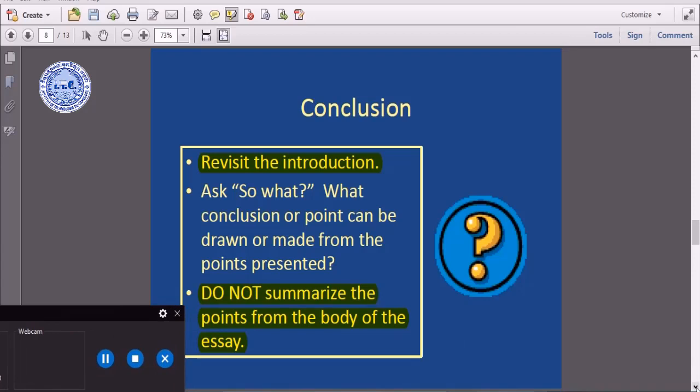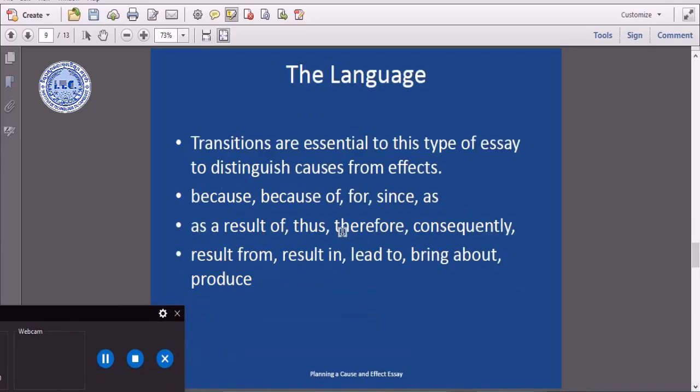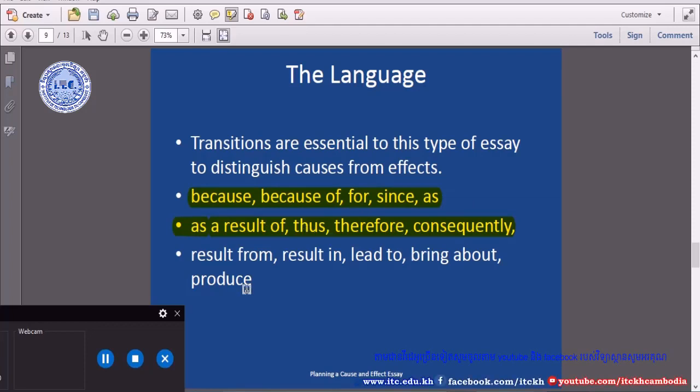Good. Next, language. I guess you expose yourself to many language uses and transitions. Here is another transition, or it's not another transition, but somehow it's the same transitions, right? Transitions are essential to this type of essay to distinguish causes from effects. Because, because of, for, since, as a result of, those, therefore, consequently, result in, leading, bring about, and produce.